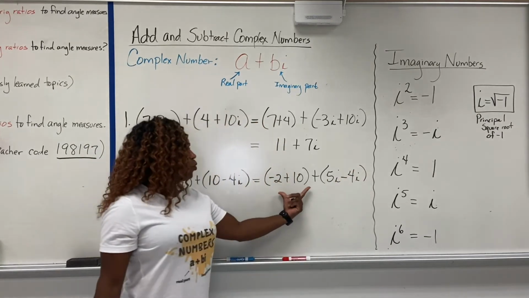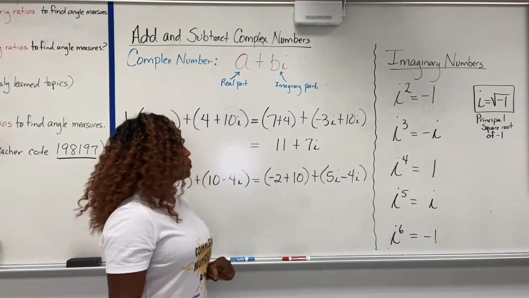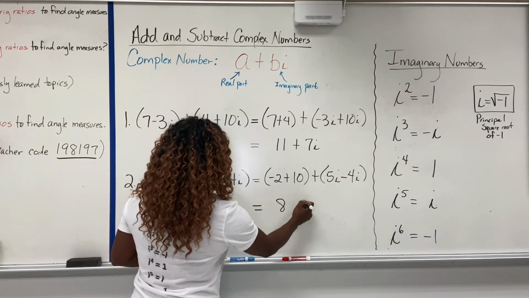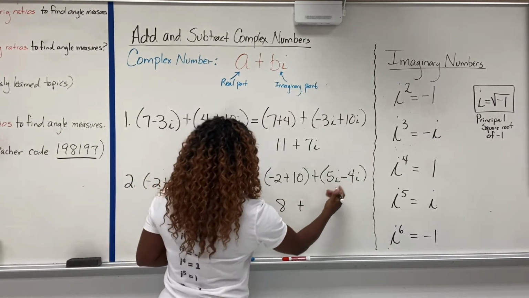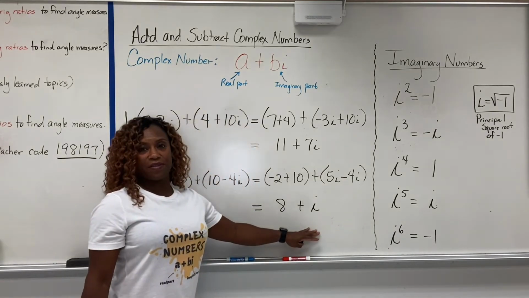So I group my real parts together, my imaginary parts together, like terms. -2 plus 10 is 8, plus 5i minus 4i is i. And here's my complex number answer.